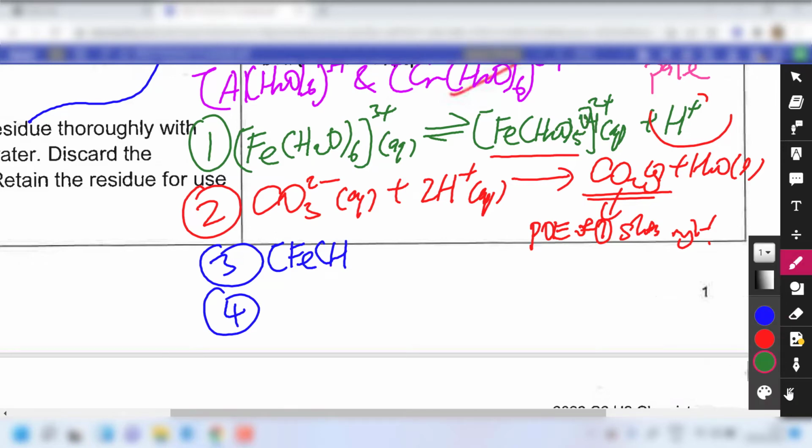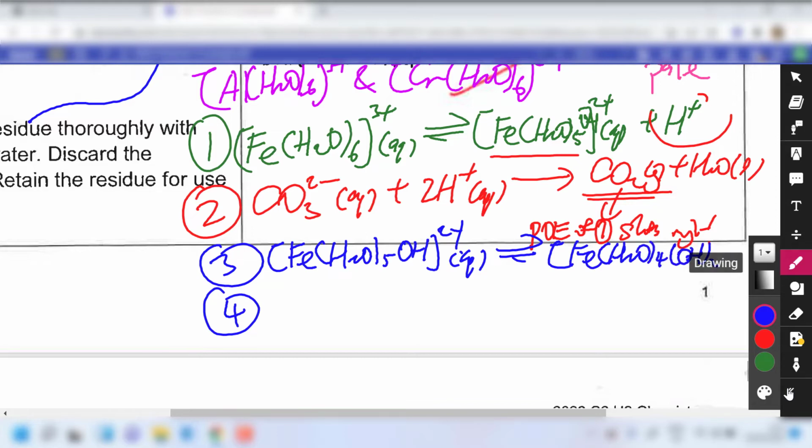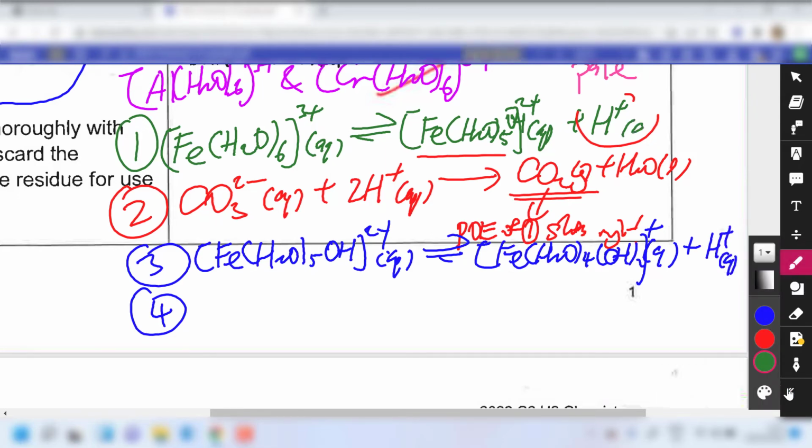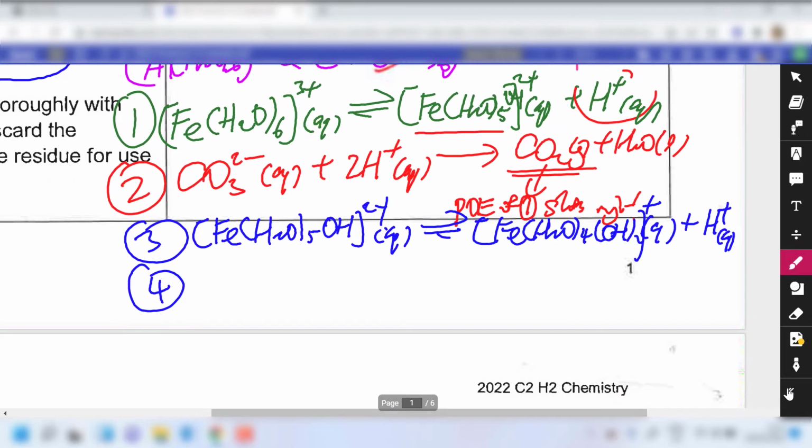Then the Fe(H2O)5(OH) 2 plus will again partially ionize to give me Fe(H2O)4(OH)2 plus, aqueous, plus H plus aqueous.